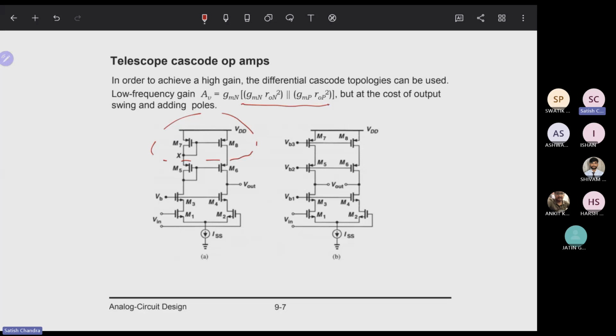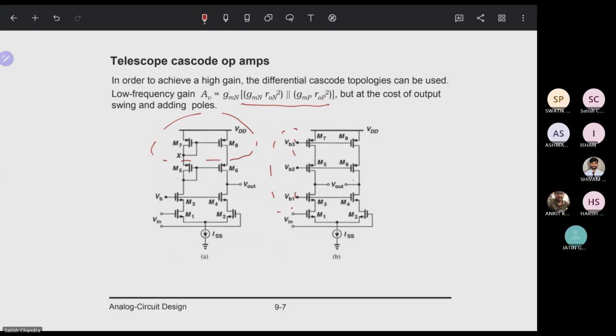But this comes at the cost of output swing and adding poles, because as the number of nonlinear devices increases, the number of poles and zeros depends on that. We can bias our system with the help of VB1, VB2, VB3.